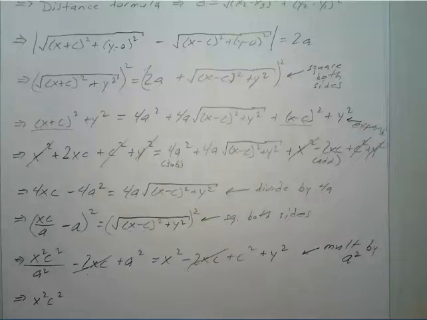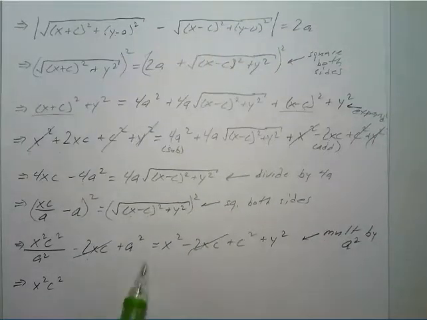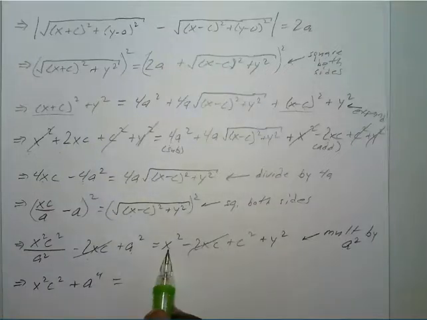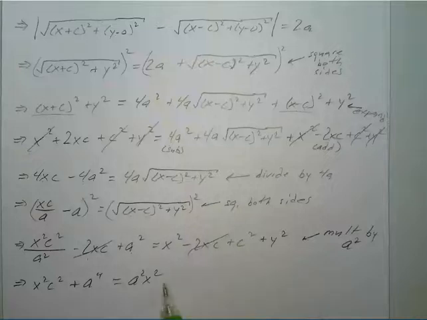So a little less work for us. If we multiply this one by a², it's going to be plus a⁴. This one by a² is a²x² plus a²c² plus a²y².